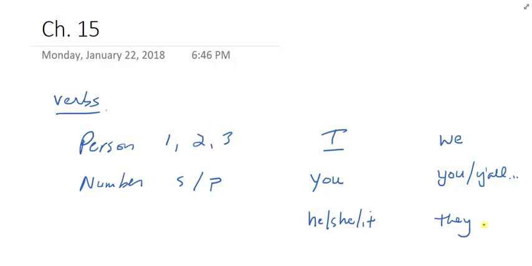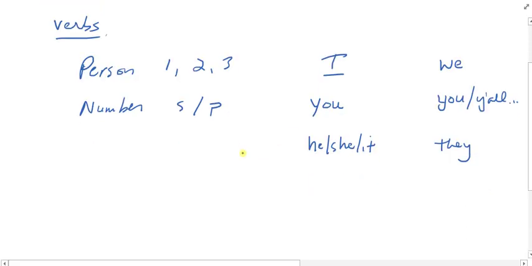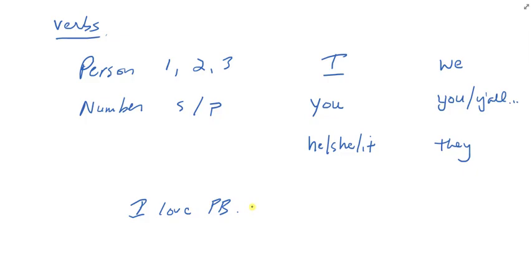Okay? So if I had a sentence like this, I love peanut butter. Okay? The verb in whatever language I'm speaking would need to be what person, if it's marked for person? First. That's right.